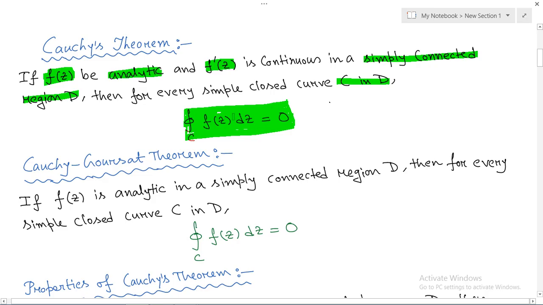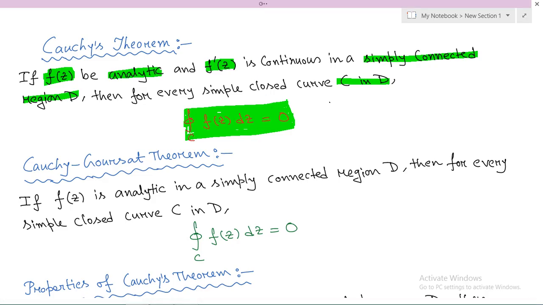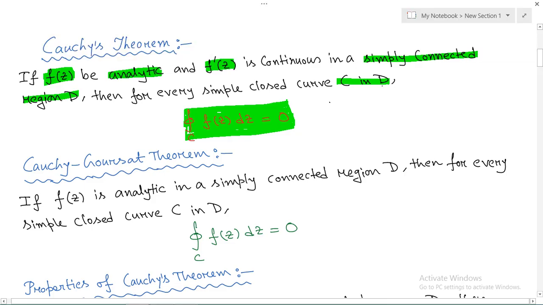So let us try to understand this concept. I will try to draw the diagram for your understanding. Suppose we have a real axis and an imaginary axis here. Now if we have any region that is enclosed by a simple closed curve C, always remember the orientation of the curve should be in the anti-clockwise direction.